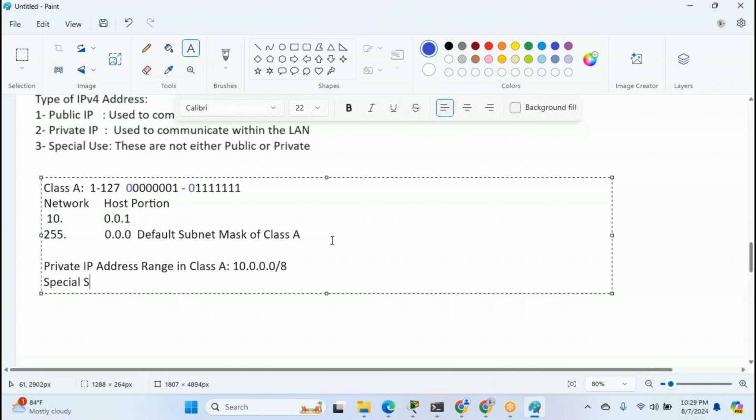A special use IP address is 127.0.0.0/8. This is reserved for loopback testing. We use 127.0.0.1 as localhost. If you want to verify your communication with your protocol stack and network interface card, you can use this IP address 127.0.0.1 or ping localhost.